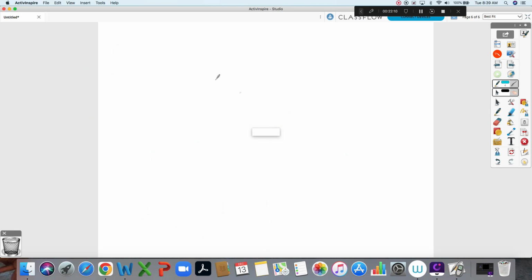8 over 11 minus 1 over 2. When we look at this one, this is where we struggled at the end of yesterday's lesson. There is no equals sign. Okay?